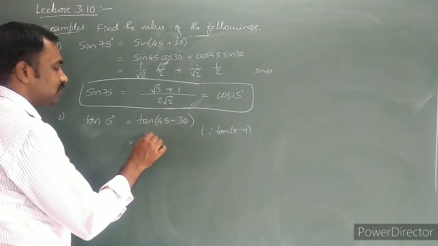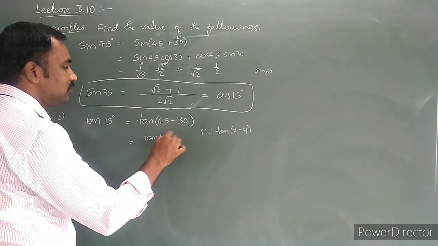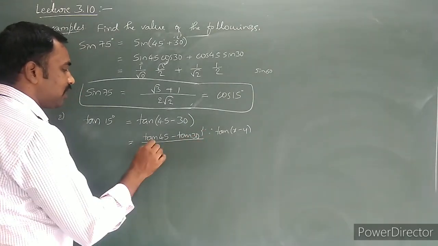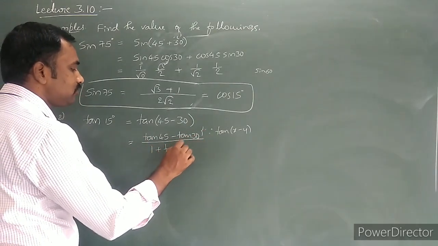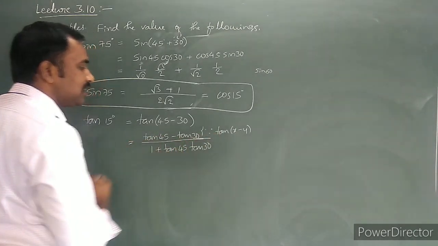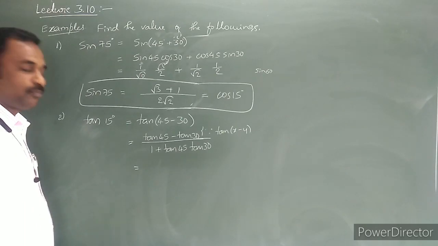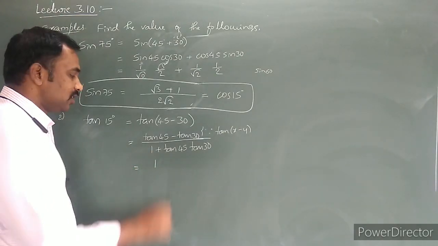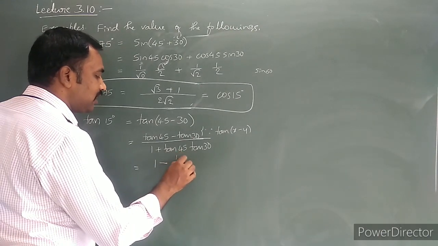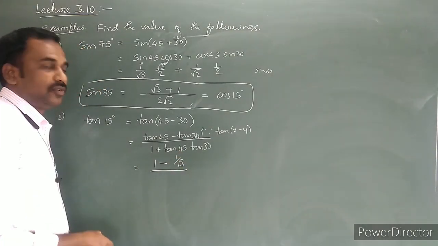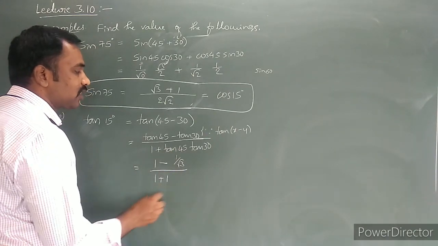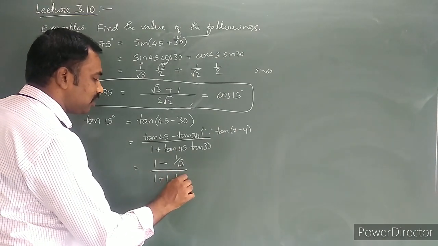So tan of 45 minus tan of 30 degree, whole thing divided by 1 plus tan of 45 into tan of 30 degree. What is the tan of 45? It is 1, minus tan of 30. Tan 30 is 1 divided by root 3. The whole thing is divided by 1 plus tan 45, which is 1, into tan 30, which is 1 by root 3.